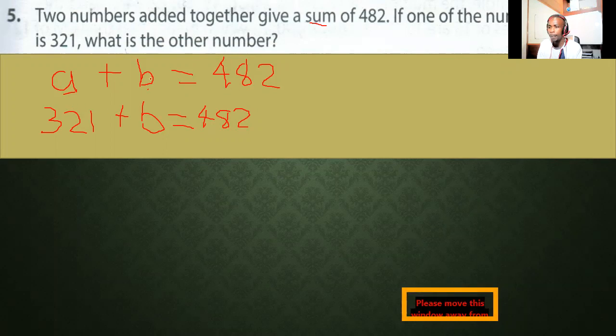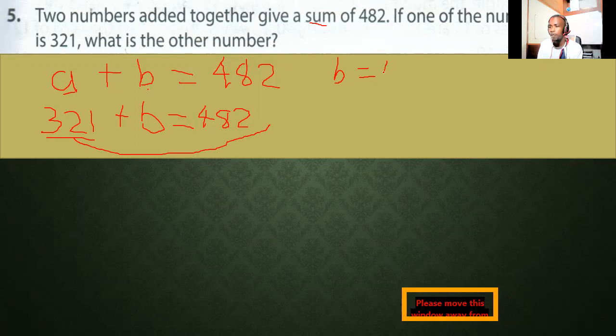For you to get A, you subtract B from the total. Now A, we know that A is 321. So for us to get B, we subtract 321. So we say B is equal to 321.